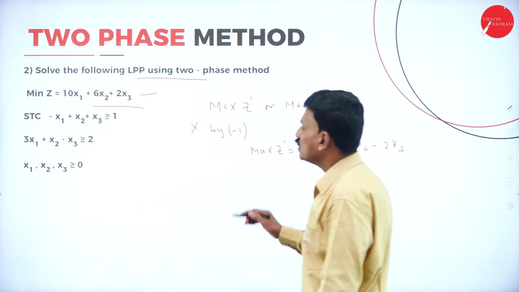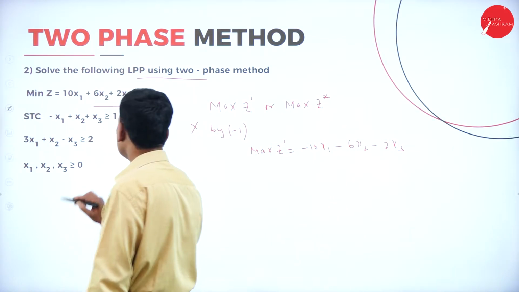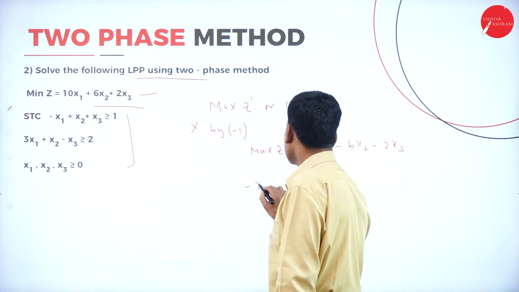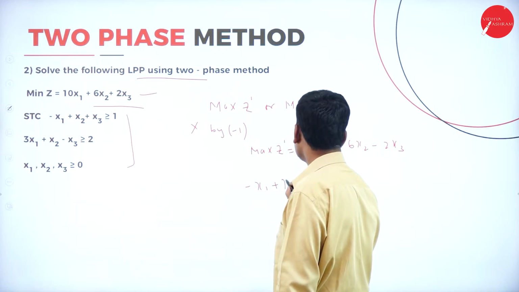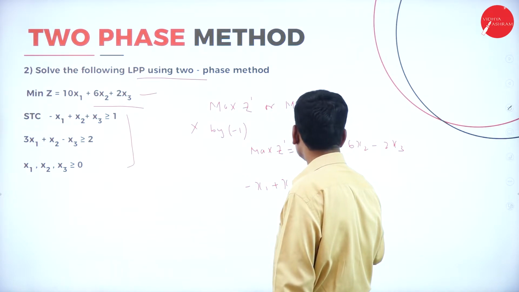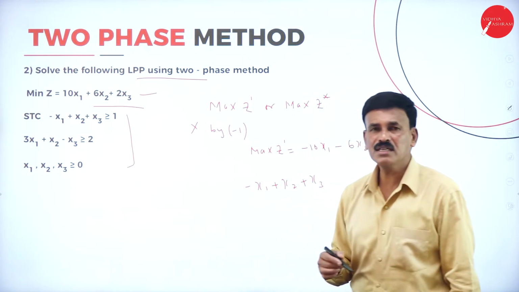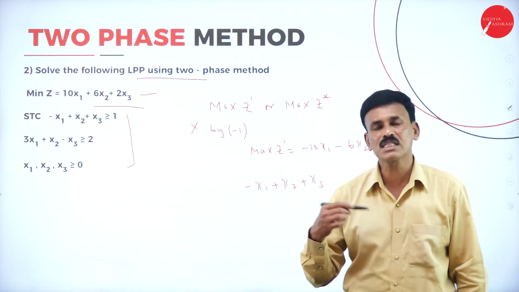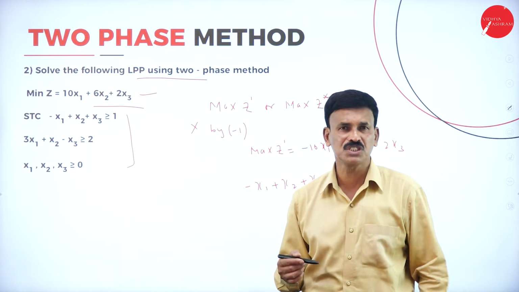Okay, and convert these inequalities into standard form. The inequalities can be written as minus x1 plus x2 plus x3, and we are going to add slack variables, surplus variables as well as artificial variables.